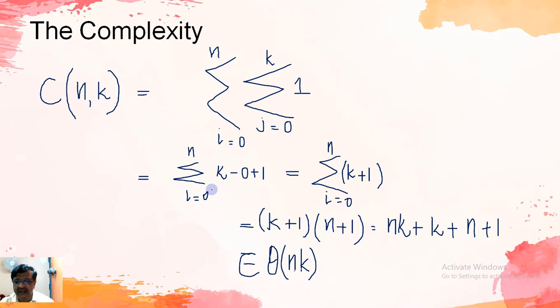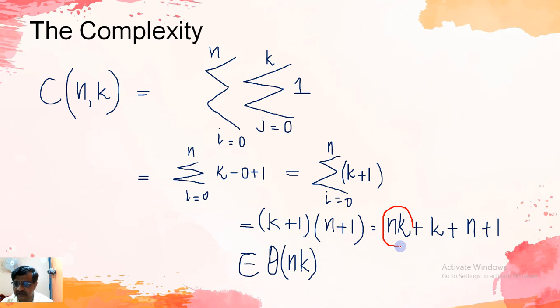If we expand this, it becomes k minus 0 plus 1, summed up between the limits 0 to n, and it becomes k plus 1. k plus 1 is taken out, and this gives n minus 0 plus 1, so n plus 1 remains. If you expand this, nk plus k plus n plus 1. Anyway, the higher order term is nk.